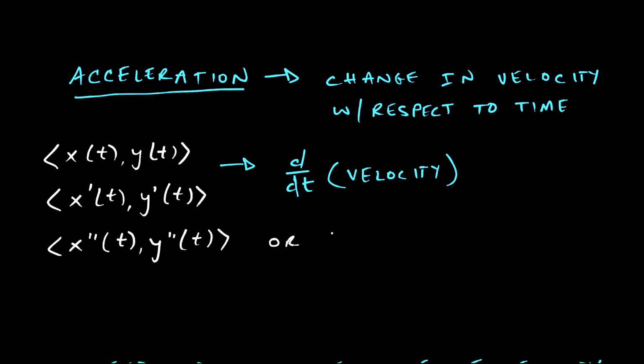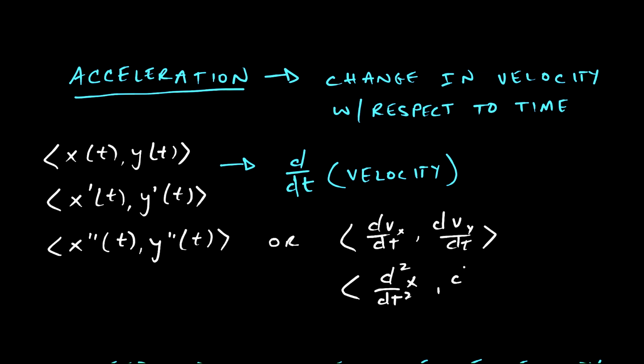Basically we d/dt'd velocity, so we could say we have dv/dt in the x direction, and dv/dt in the y direction. Some may see it written that way. Or, again, we took the derivative twice of the x component, and we took the derivative twice, again with respect to t, of the y component.